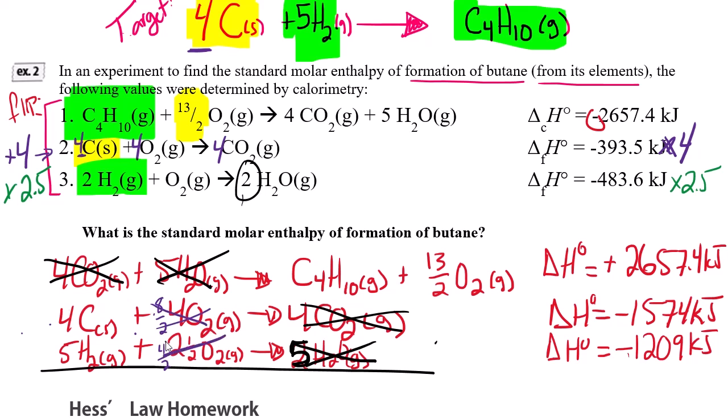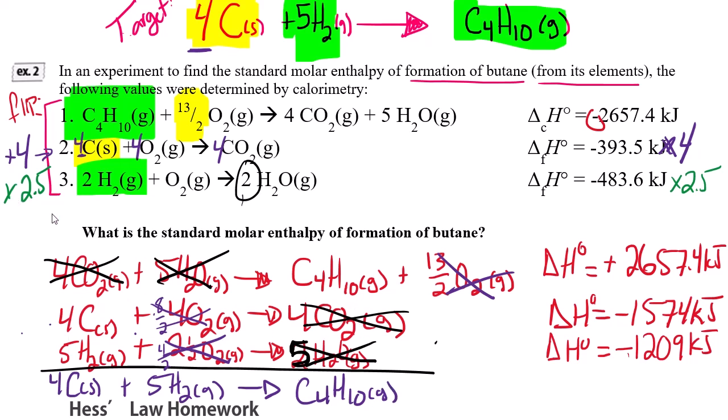So these oxygens do fully cancel with these oxygens here, which leaves me with 4 carbons plus 5 hydrogens reacting to give me 1 butane, which is just what I wanted. If you get something that's close, check your canceling, check that you've actually multiplied everything in here, that it's all coming out right. Then we just need to add these down, which gives me an enthalpy for this reaction of negative 125.6 kilojoules.